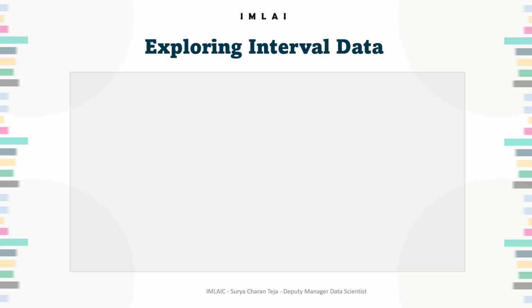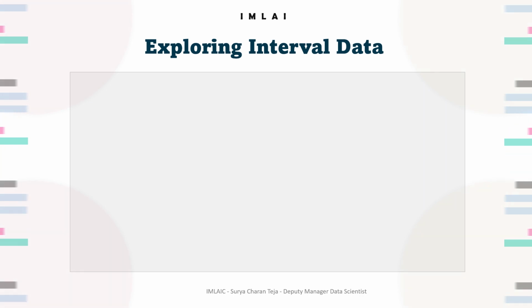In other words, a value of 0 on an interval scale does not mean the variable is absent. This is best explained using temperature as an example. A temperature of 0 degrees Fahrenheit does not mean there is no temperature to be measured. Rather, it signifies a very low or cold temperature.